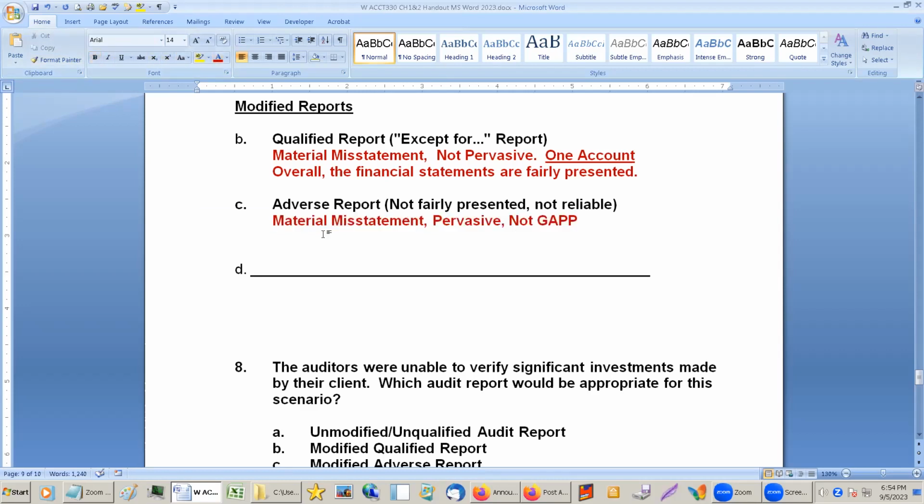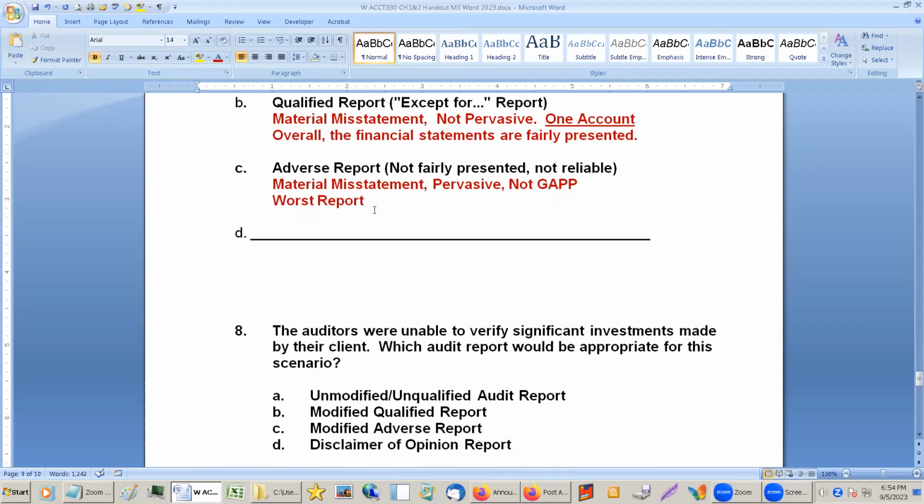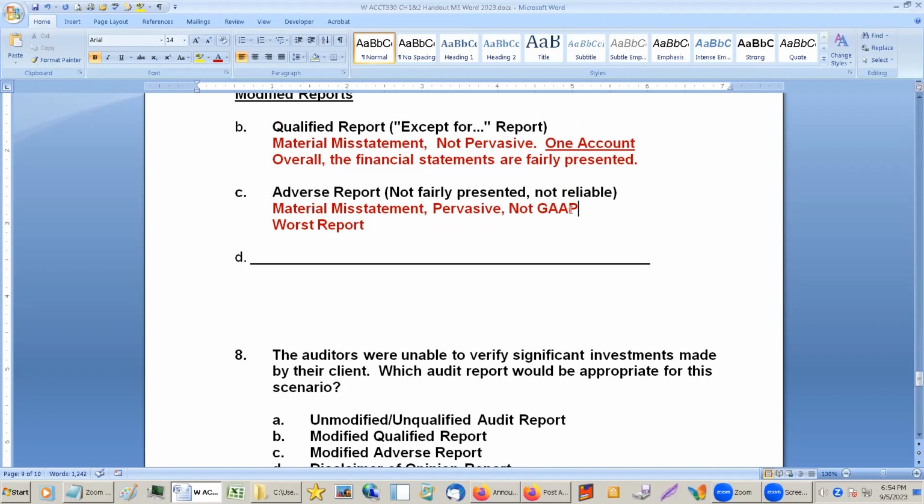And this is the worst report. This is when the financial statements you can't rely on. And you tell people, look, do not rely on these numbers. They're not correlated to the company's finances. They are not fairly presented.